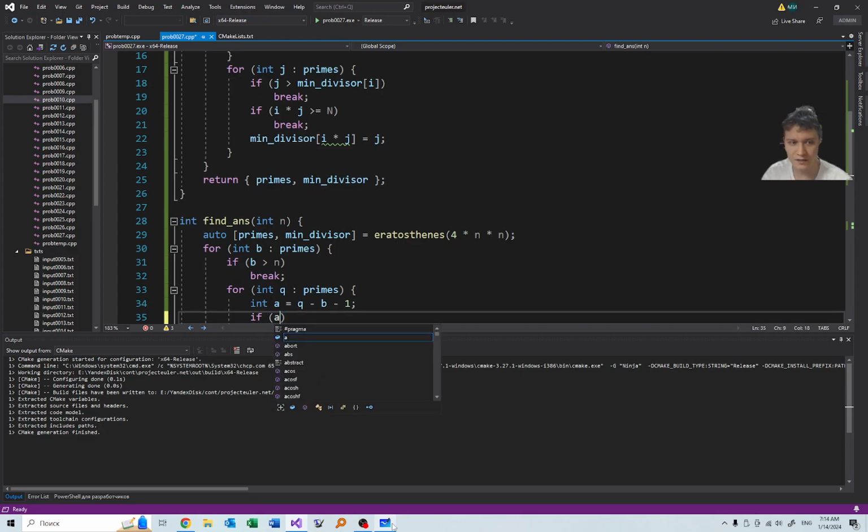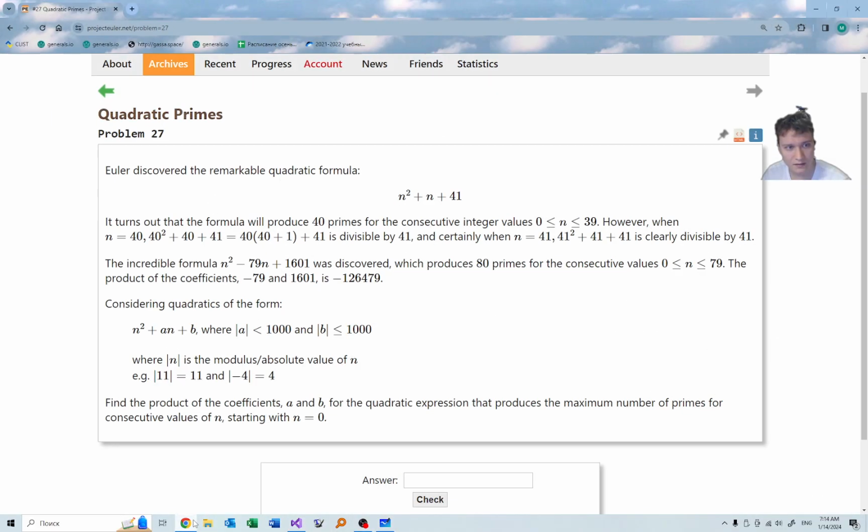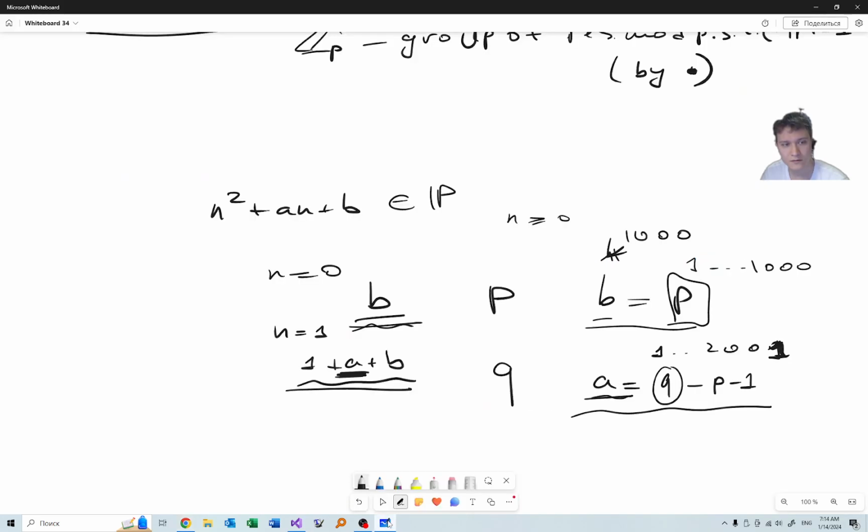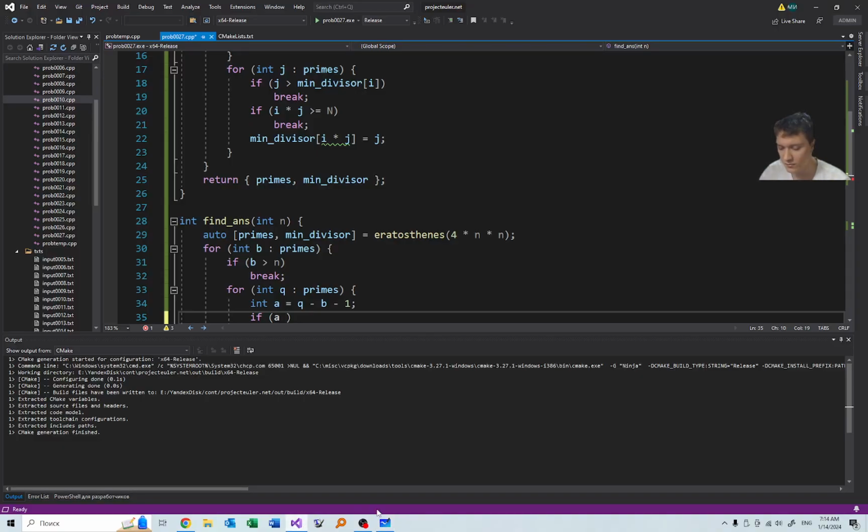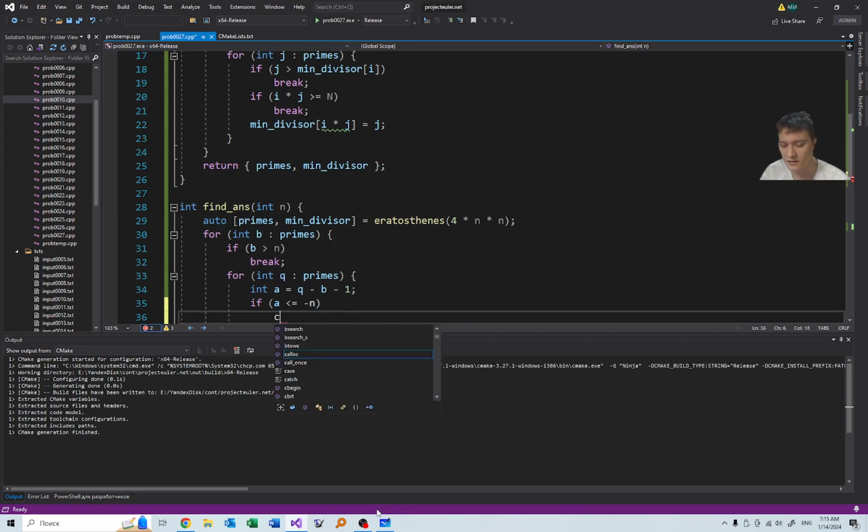So if this doesn't hold, then it does not hold either from the left part or from the right part. So there are two cases. This can be at most minus n, and in this case I simply continue.